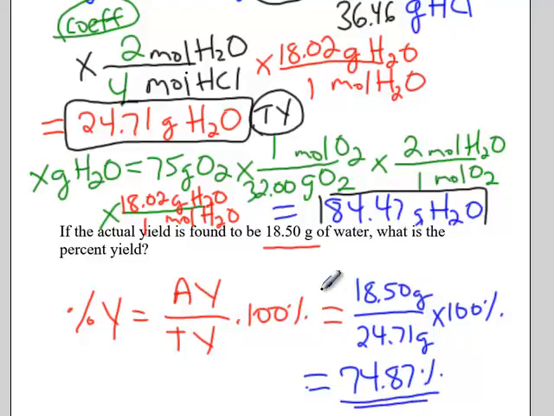So unless you know what the percent yield is, there's no way to find the actual yield on paper. You do that in the lab. Now, if I give you the percent yield and you know the theoretical yield, then mathematically you could solve this equation for the actual yield. That's the other way that you could figure out what the actual yield is.